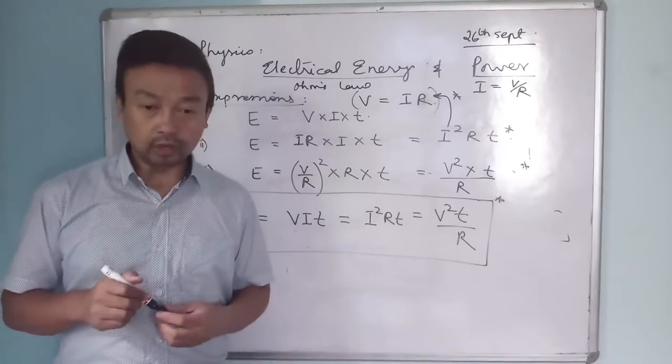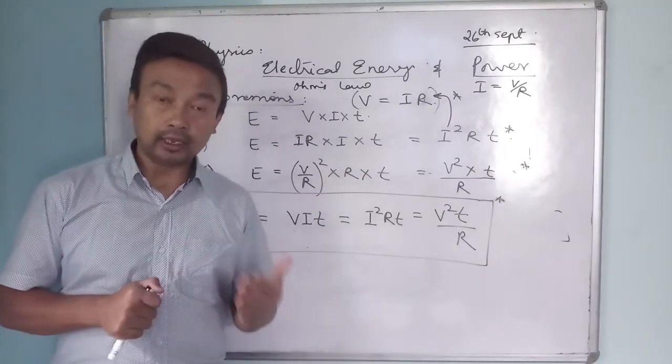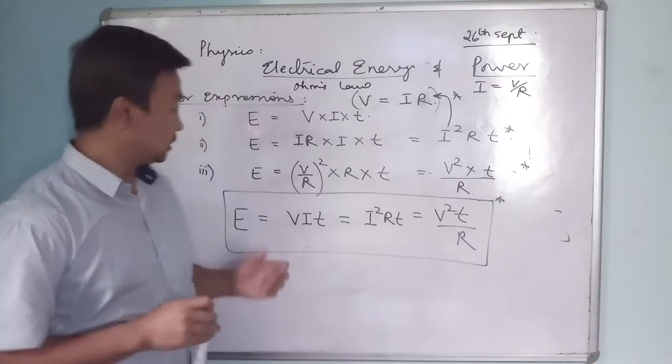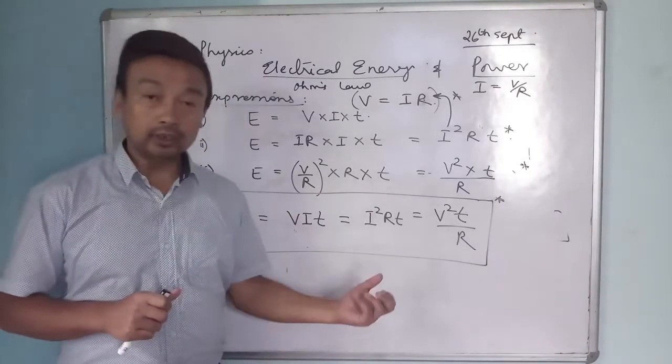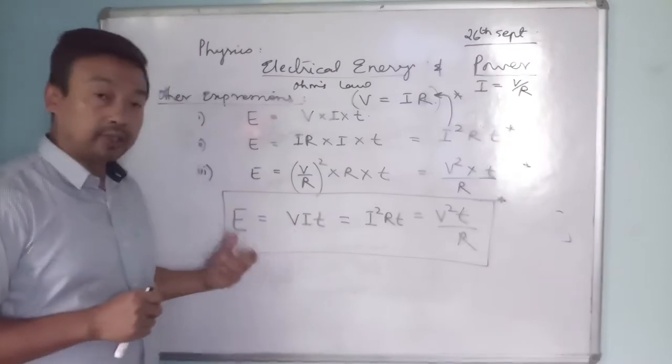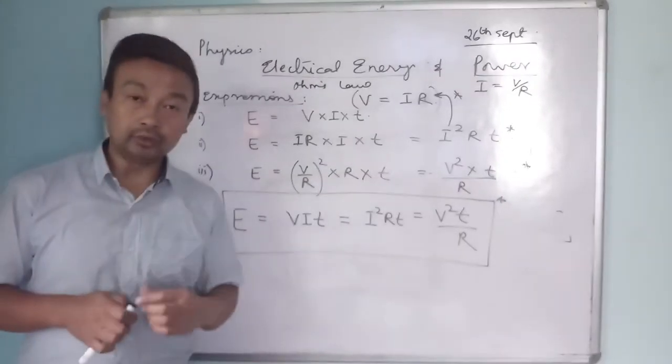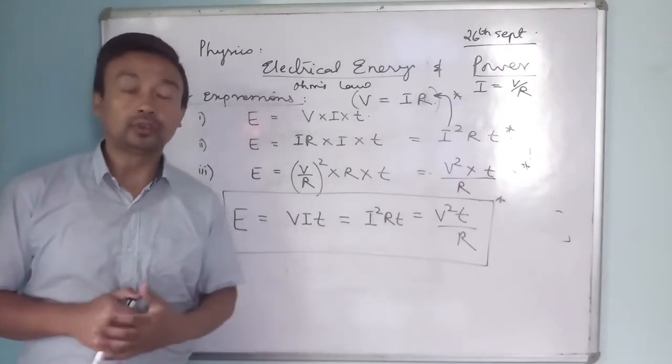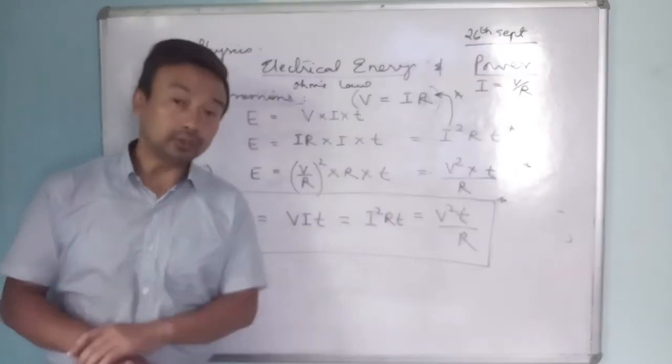Now another topic will be the SI unit of electrical energy. Electrical energy, we know, is the same as work done, and the SI unit of work done is joule. Therefore the electrical energy also has the unit joule.